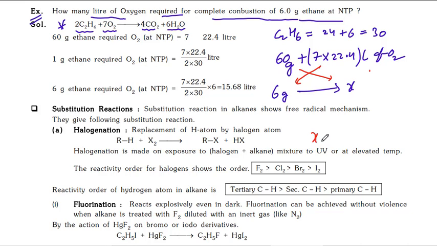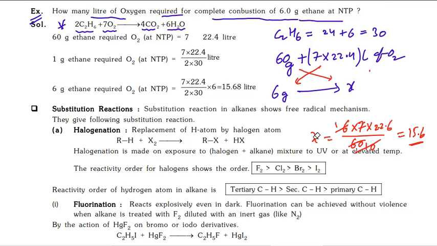Then x equals 6 into 7 into 22.4 over 60. 6 one ja 6, 10 ja, then 10 means I can write here 2.2, 10 cut karke 7 into 2.2. 7 into 2.2 means 14 plus 1 extra, so approximately 15.6. Okay, just the calculation you can do.